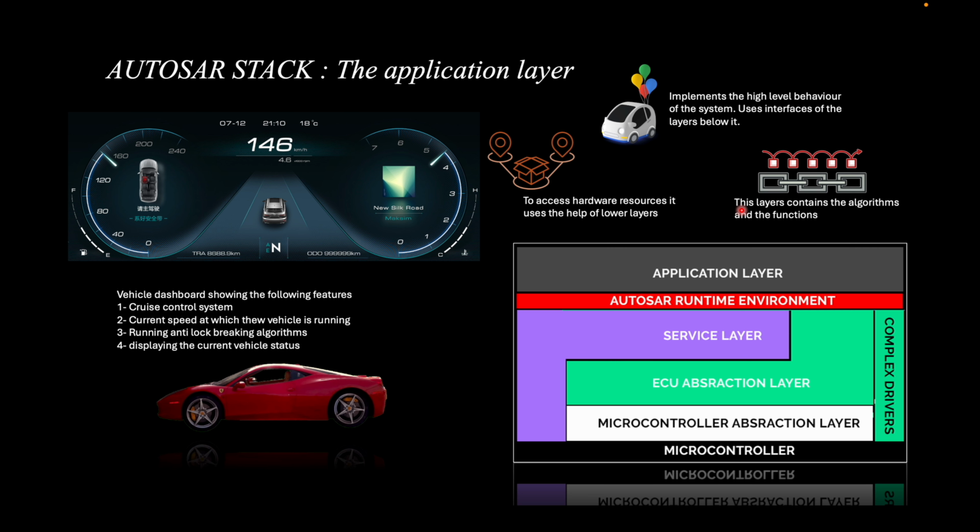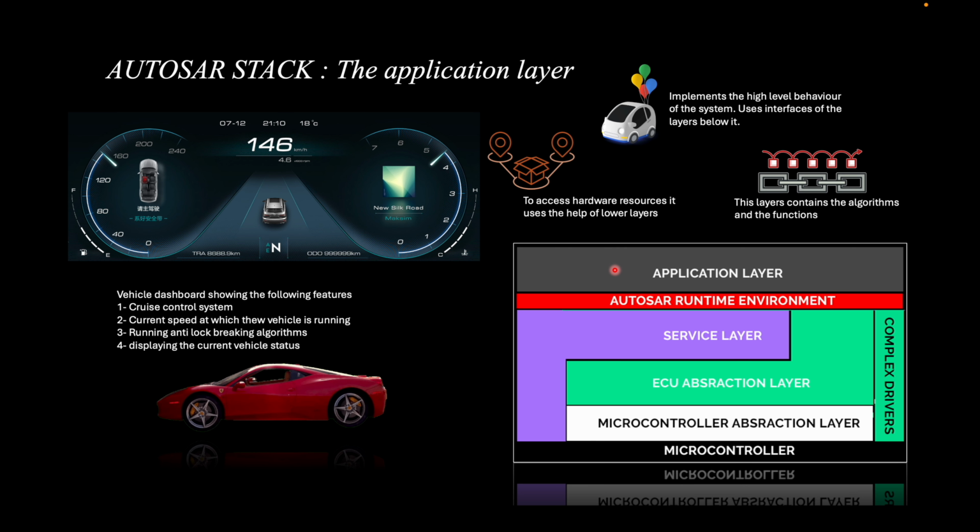And then this layer contains a chain of algorithms. Maybe you can call them software components, and individual software components will interact with each other to develop a chain of algorithms. So the chain of algorithms is possible to create in the application layer.